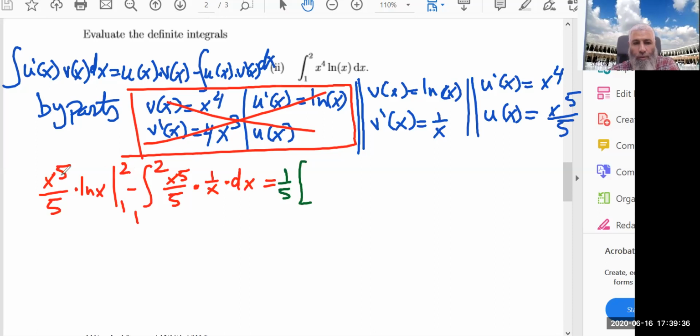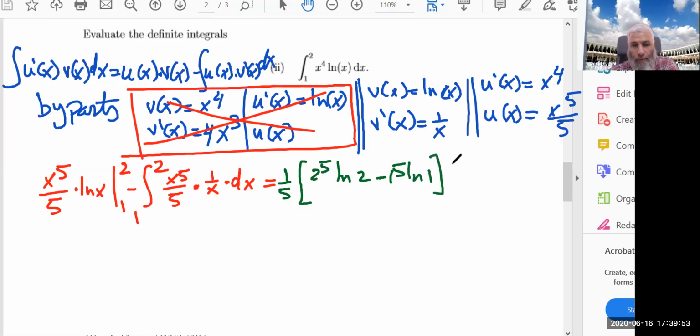The upper limit is 2, so this is 2 power 5 ln 2, minus the lower limit 1, so this is 1 power 5 ln 1.